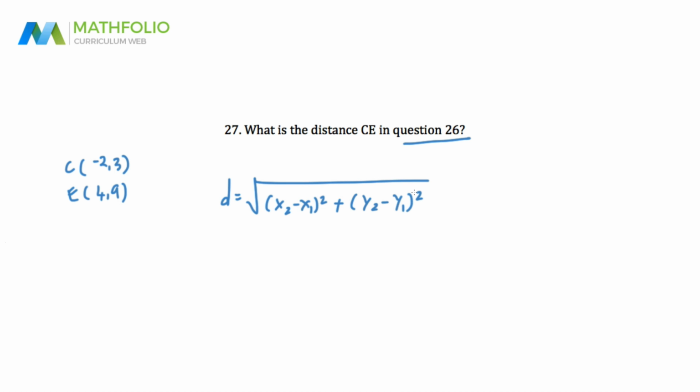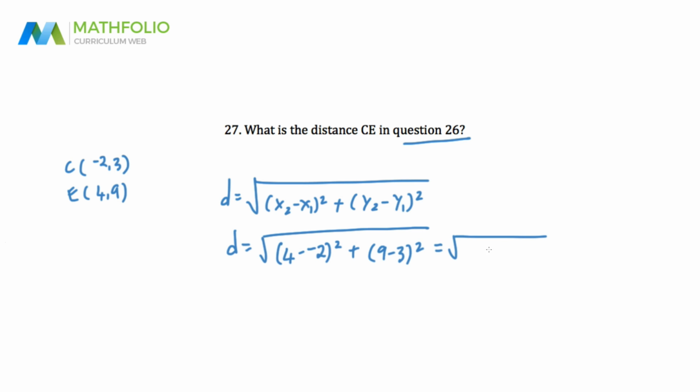If you plot this or sketch this, you might be able to do it a little quicker looking at a right triangle and the Pythagorean theorem, but this is effectively the same thing. So the distance, which is CE, equals the square root of our second x, which is 4, minus our first x, which is -2, squared, plus the difference in the y's, that's 9 minus 3 squared.